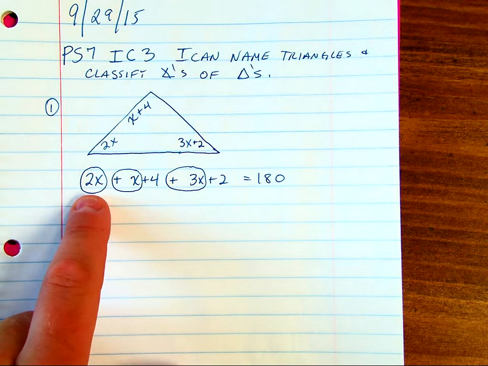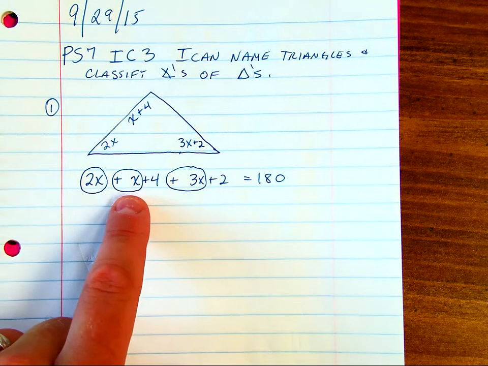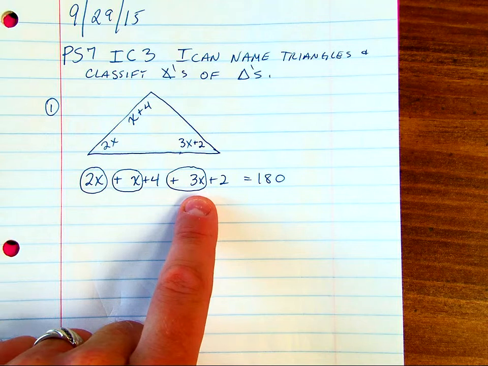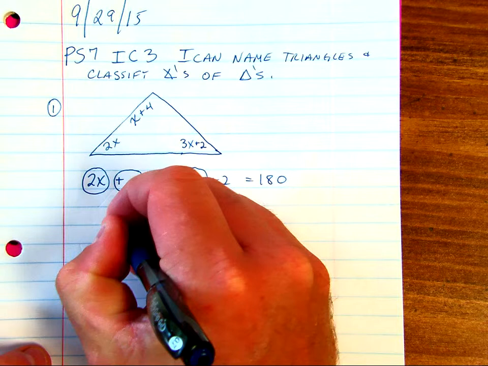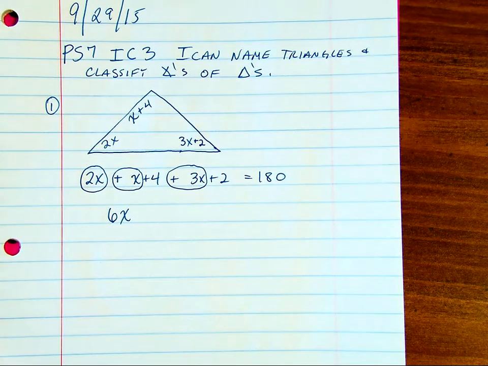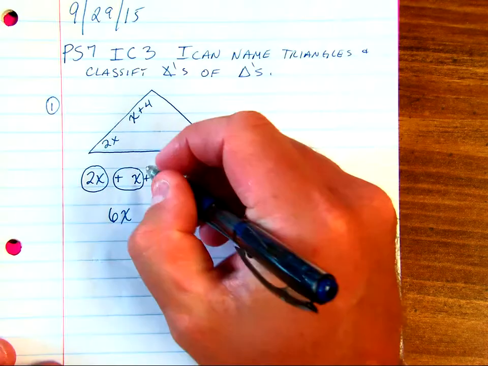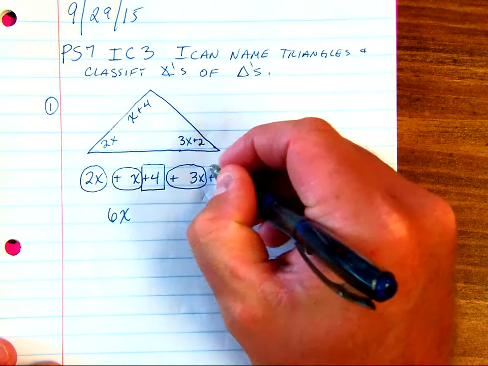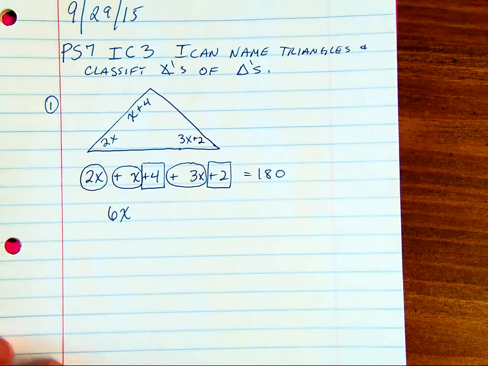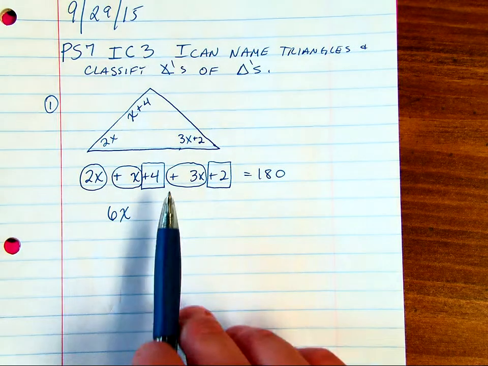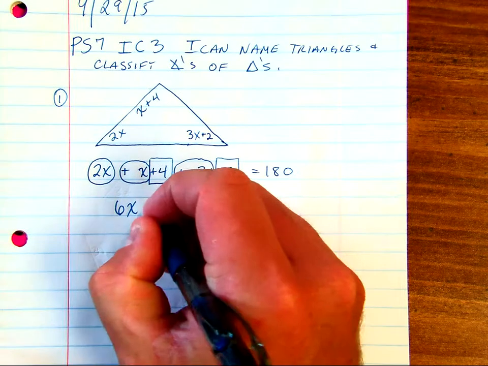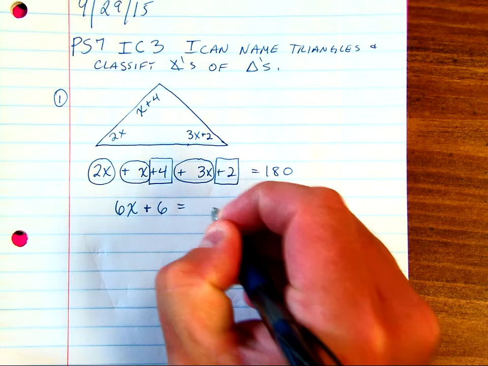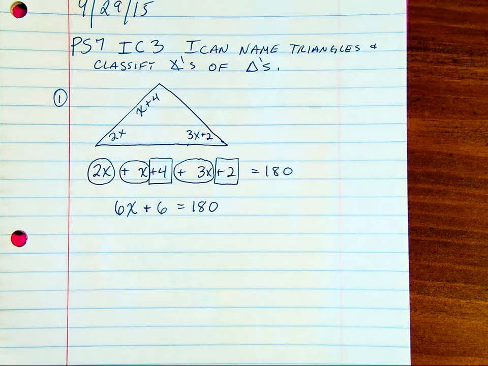So how many x's do we have here? How many x's do we have here? How many x's do we have here? So what's 2, 1, and 3? Are the signs the same with the 4 and the 2? Okay, so then because the signs are the same, we add them. What's 4 plus 2? Equals 180.